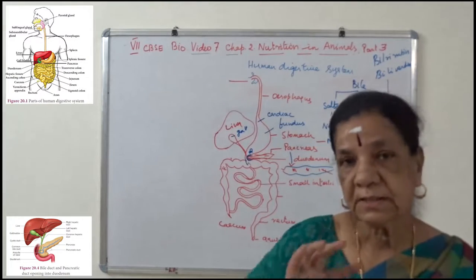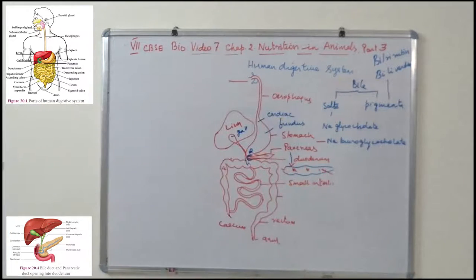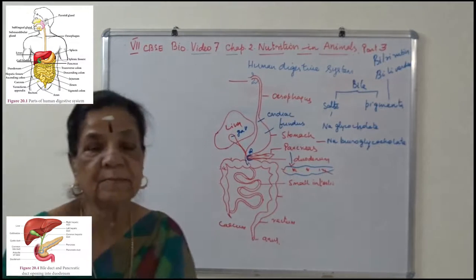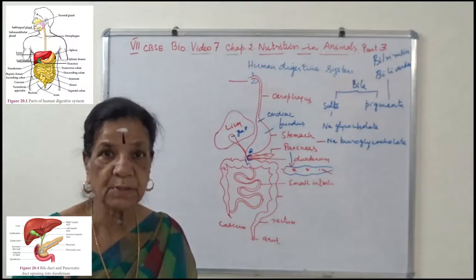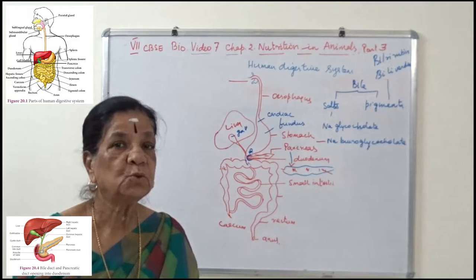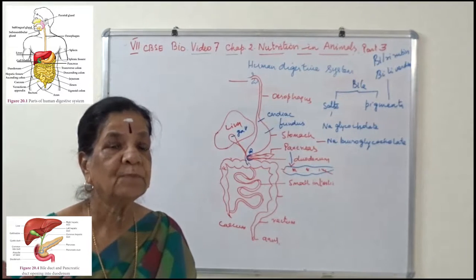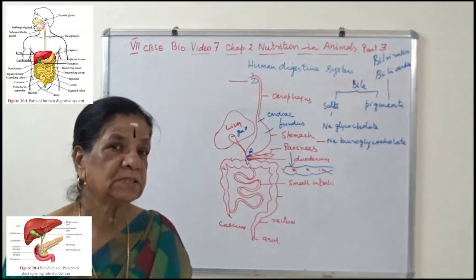These are the different names for the digestive system. What have we learned? The human digestive system, starting from the mouth. I am just recollecting the points of the first two videos, video number 5 and 6.